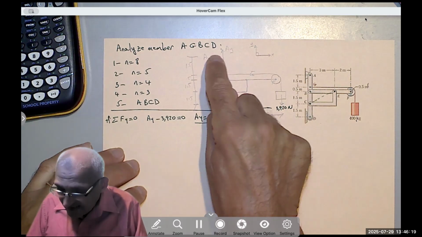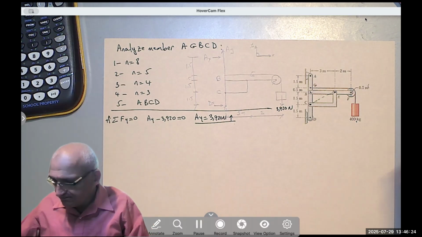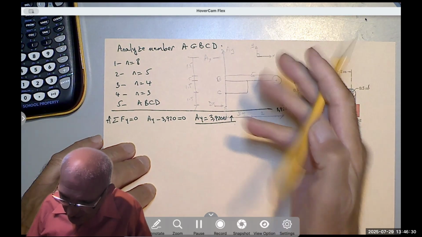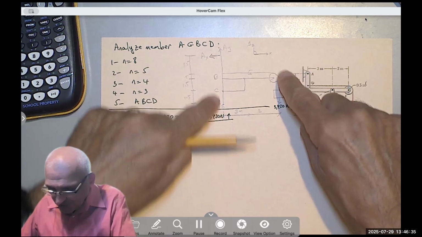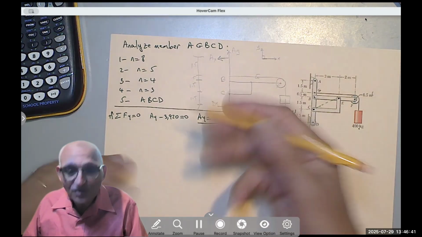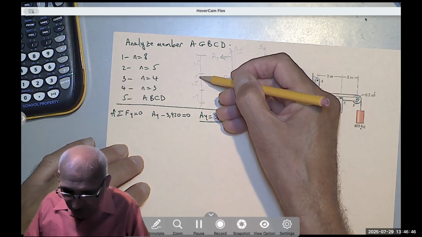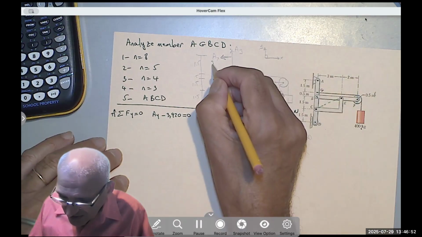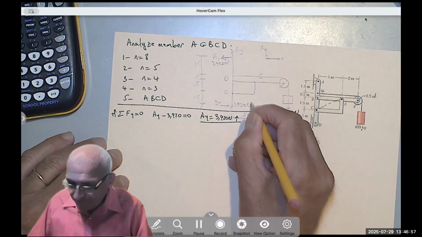So DX and AX should produce a counterclockwise couple, meaning I know for sure that AX would be going to the left. Why? These two forces are rotating clockwise, so those two forces should rotate counterclockwise. It turns out that if you add 1.5 and 1.5, that's 3. 1.5 and 0.5 is 2. 3 and 2 is 5. It's the same distance. So I know this is 3920 to the left. This is 3920 to the right.